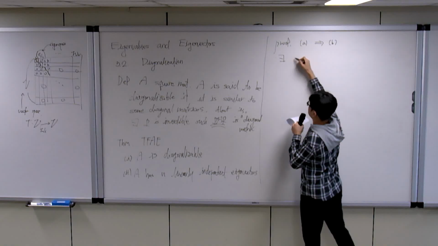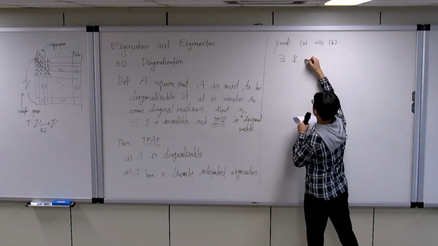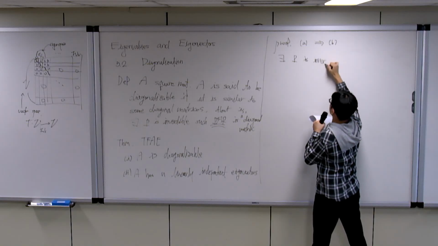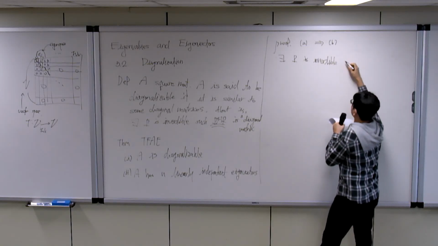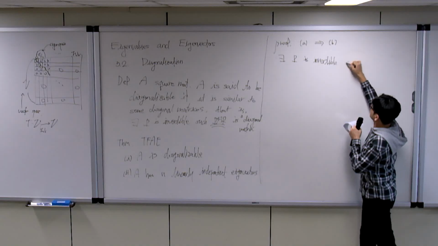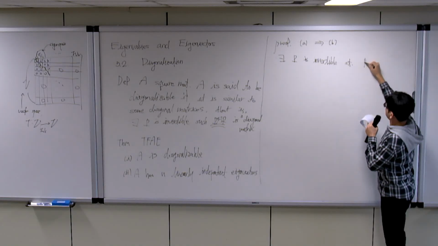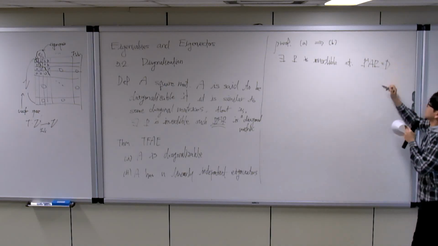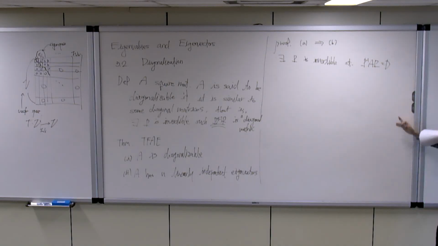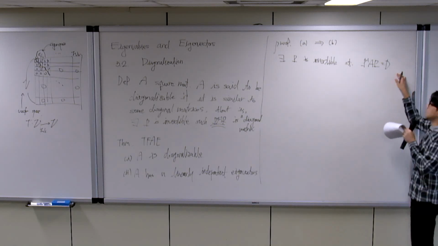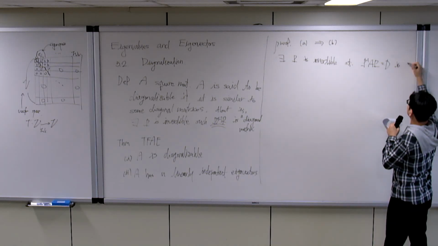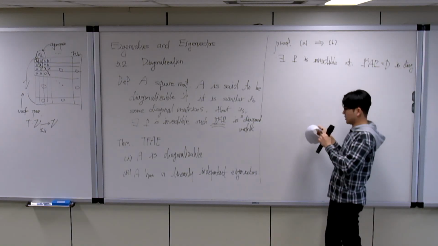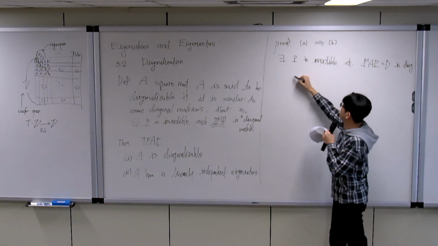And if you calculate PD on this side, since D is diagonal, I will write it with diagonal entries from lambda 1 to lambda n, and the other entries are all 0.